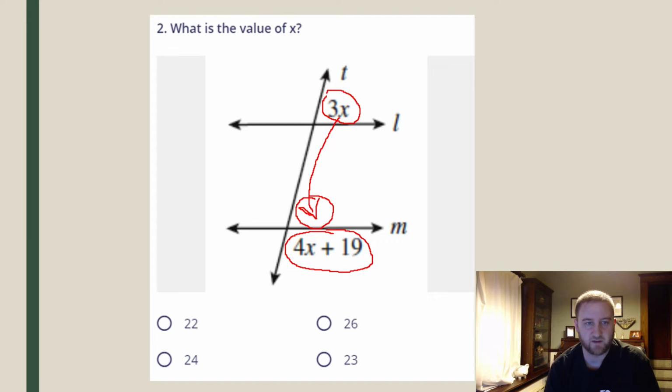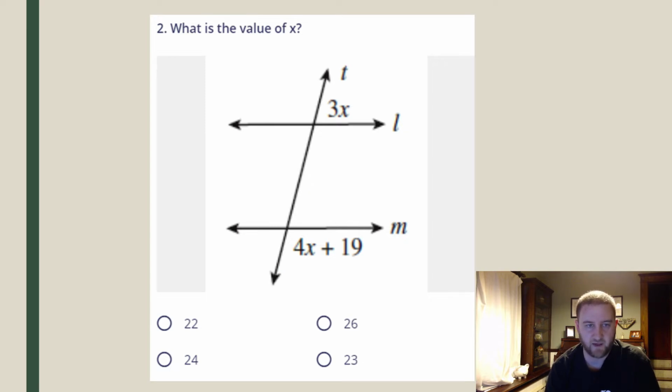Since they're not overlapping, this angle and this angle form a supplementary pair, which means they add up to 180 degrees.